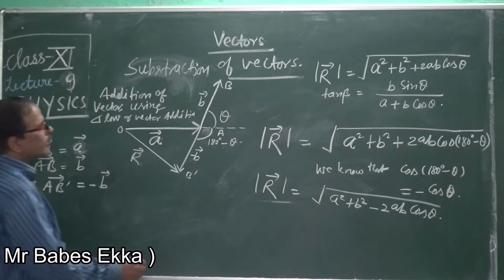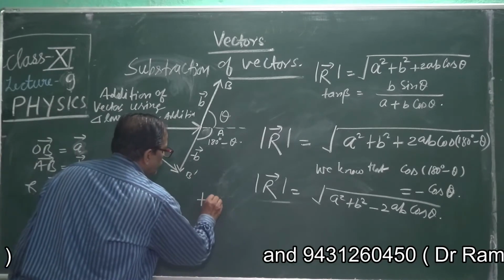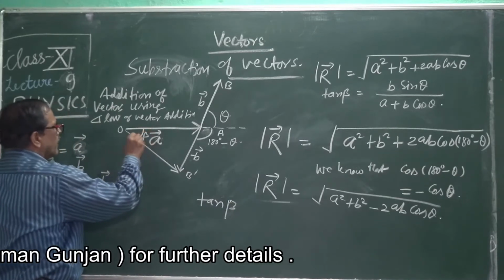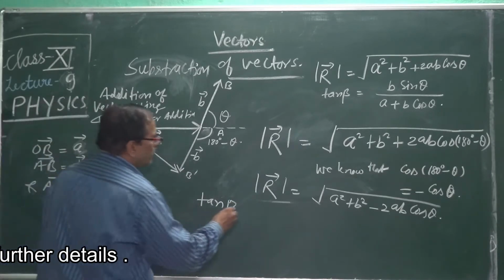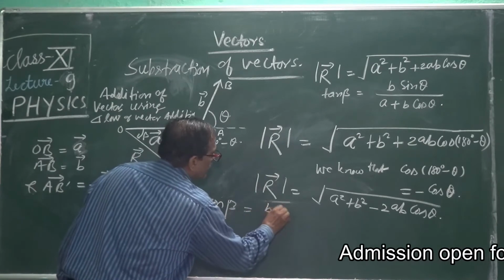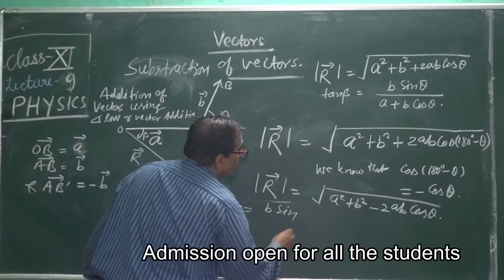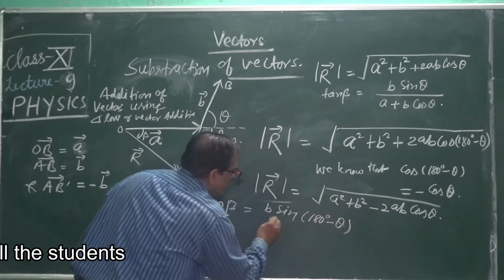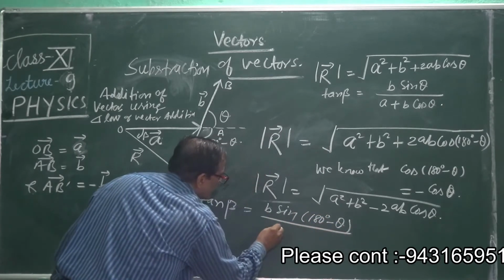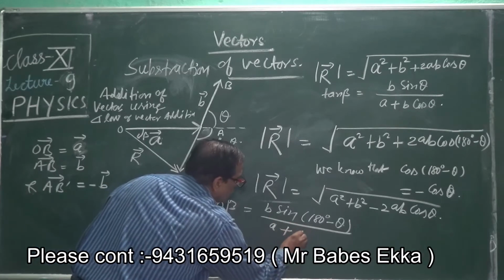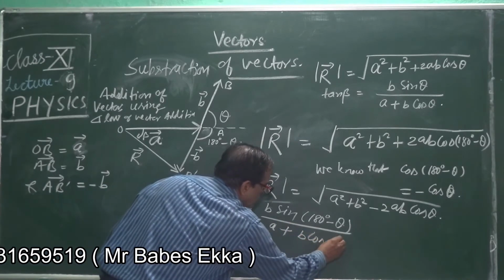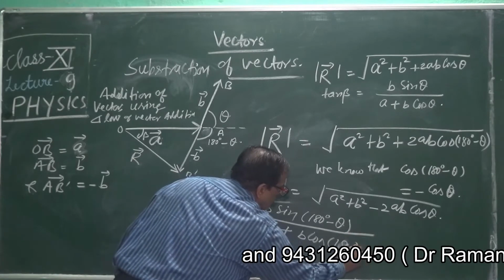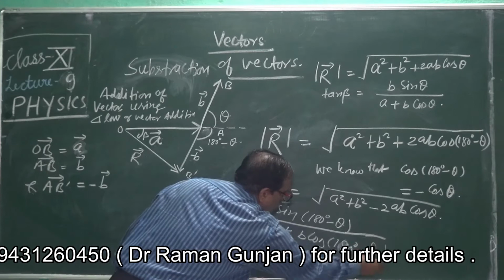And what is the direction? So we have tan beta. In this case we may write sine 180 degree minus theta divided by A plus B cos 180 degree minus theta.